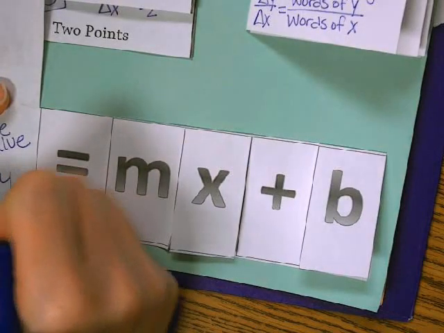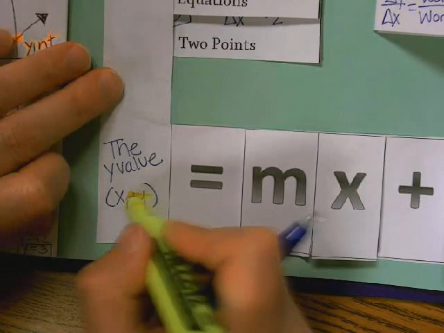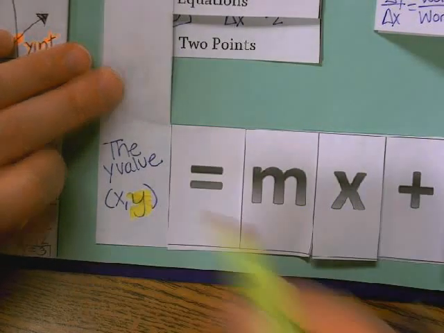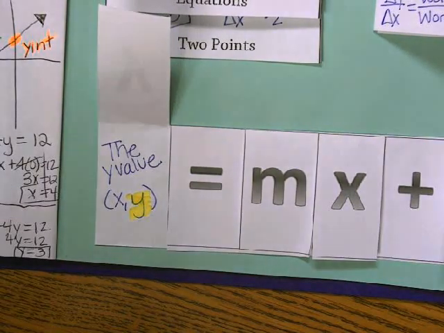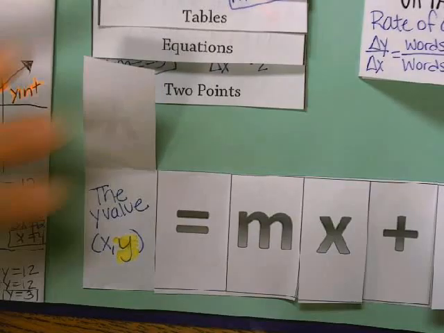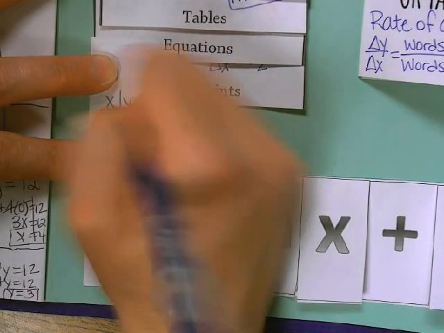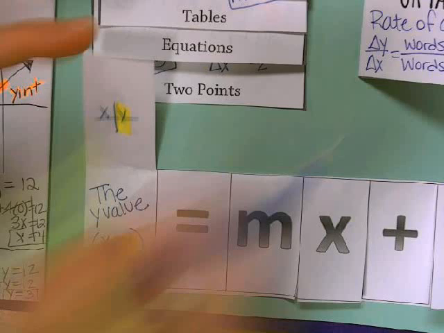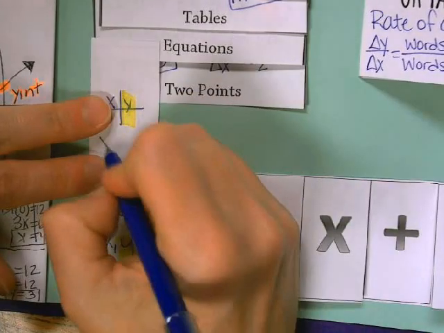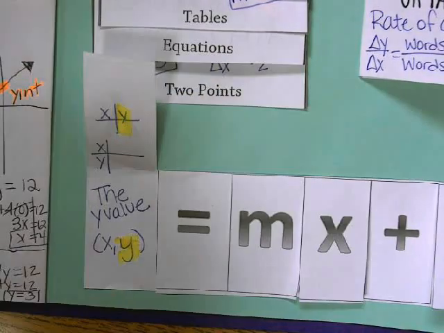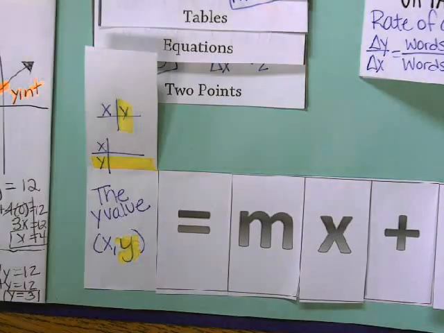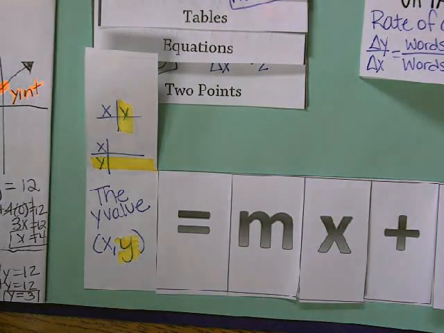If I'm talking about x, y, I'm talking about this one right here, okay? Remember, we can have x, y on a table. Y is going to be over here on this side. And if we have x, y on a table going horizontal, y is always going to be on the bottom. Don't forget about that, okay?